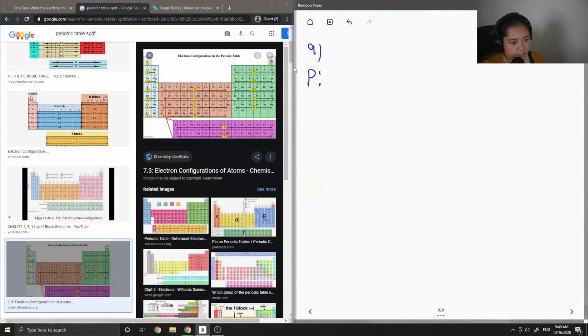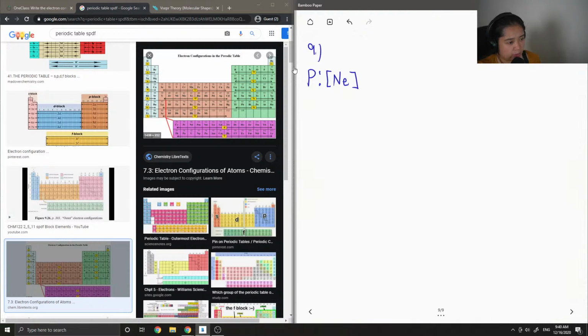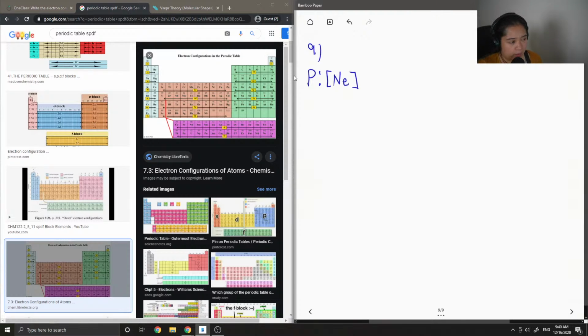So in this case, it is neon. And then we just kind of continue starting from sodium, writing 3s2, because it is in row 3 and the block is S, and then we just continue writing 3p1, 2, 3, so 3p3, up to the phosphorus.